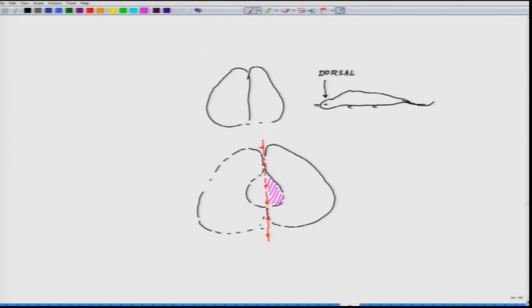You have to scoop it out, then underneath this you will see an organ which will be sitting like this, and it is deep inside. Unless you are very thorough with the brain anatomy, it is not so easy to isolate this. This is where the hippocampus is lying.